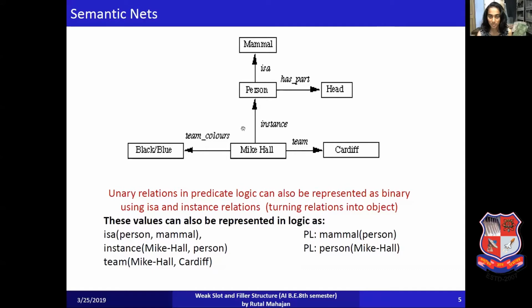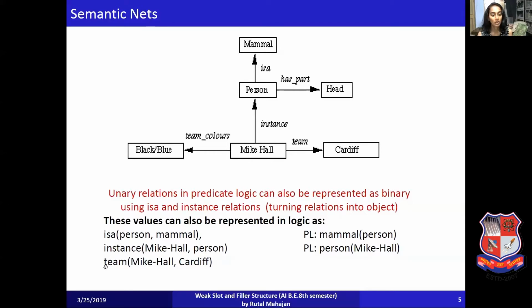One shows the instance relationship, another shows the is-a relationship between these two concepts, mammal and person, person and Mycal, in predicate logic. So it is also one kind of advantage of the semantic net. Like this, we can represent that person is a mammal, meaning an is-a relationship between person and mammal. Mycal and person are related with the instance relationship.